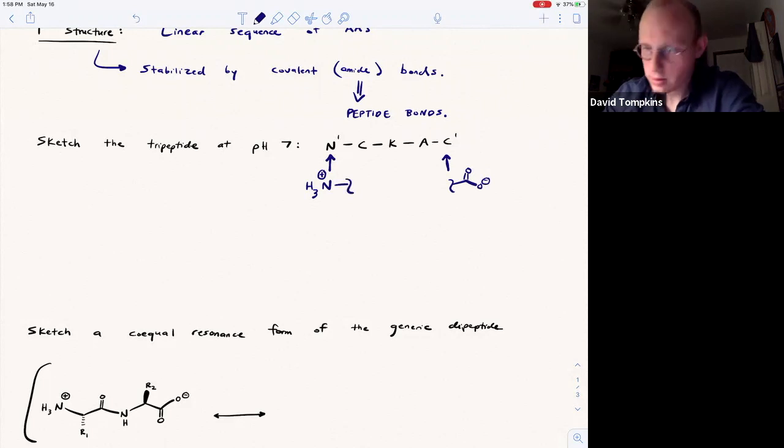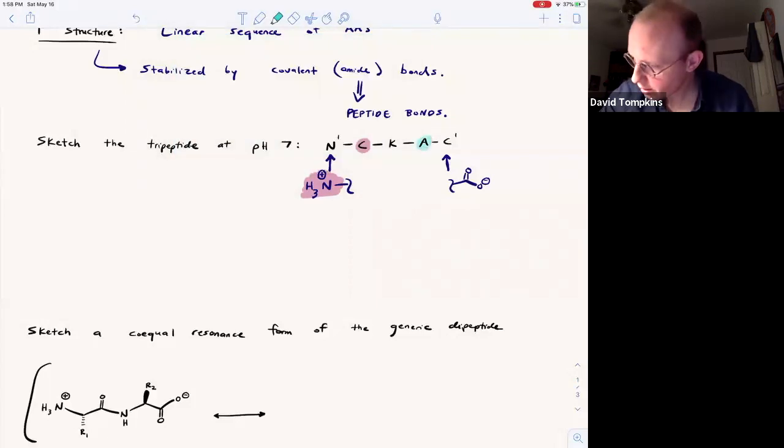In other words, we're going to find that cysteine, this amino acid here, has a free ammonium ion, or its nitrogen primary amine was not involved in forming an amide bond, while alanine at the other end has a free carboxylate.